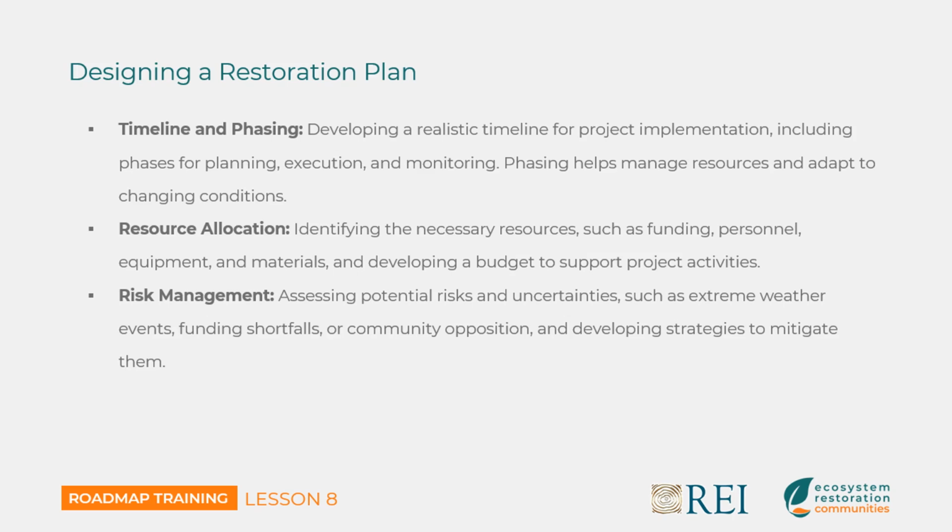Risk management: assessing the potential risks and uncertainties such as extreme weather events, funding shortfalls, community opposition, and developing strategies to mitigate these different things that are happening. In our area, it's like, okay, we need to put a buffer area around the edge.